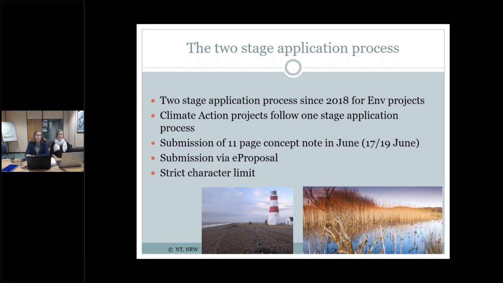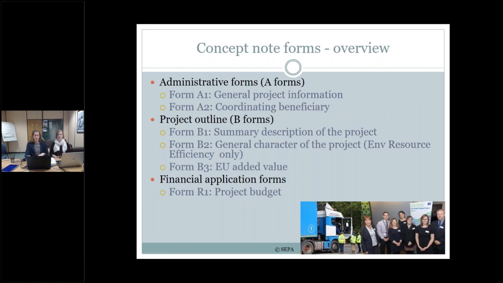You have to submit an 11-page concept note in June via e-proposal, and there's a strict character limit, so you cannot go over the 11-page limit. I will talk about the character limits in a minute, and about what kind of forms you have to fill in.